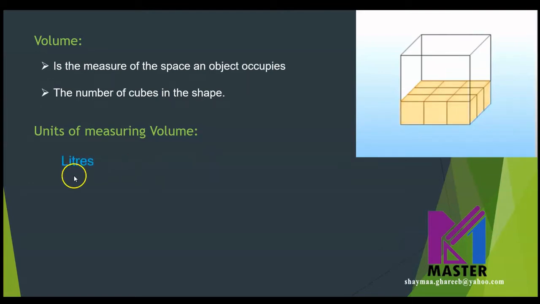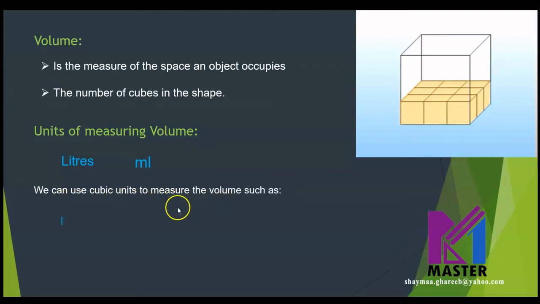We use liters or milliliters. We can use cubic units to measure the volume, such as cubic millimeter, cubic centimeter, cubic meter. So we have different units of measuring volume.